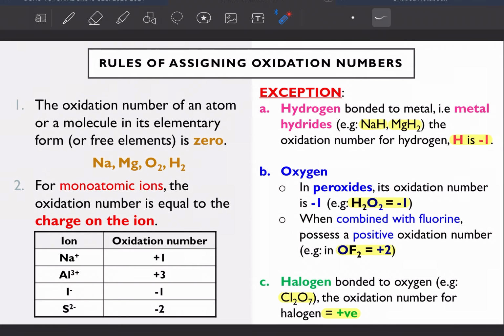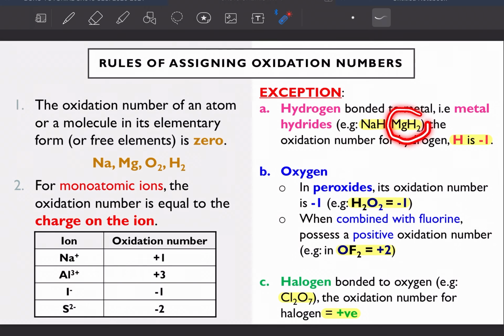Okay, dia bukannya +1. Why is that? Because your metal here, okay, it is very electropositive. So dia yang akan jadi, Na ni akan jadi +1. Okay, so dengan itu your hydrogen akan ada oxidation state -1 lah. Okay, so +1 -1 dia akan dapat 0. So dia punya molekul ni tak ada charge lah.